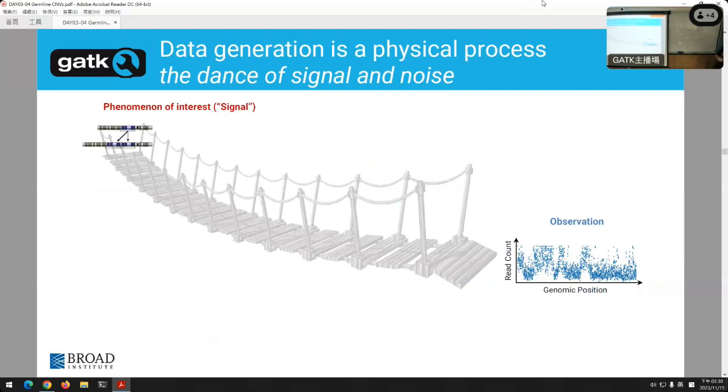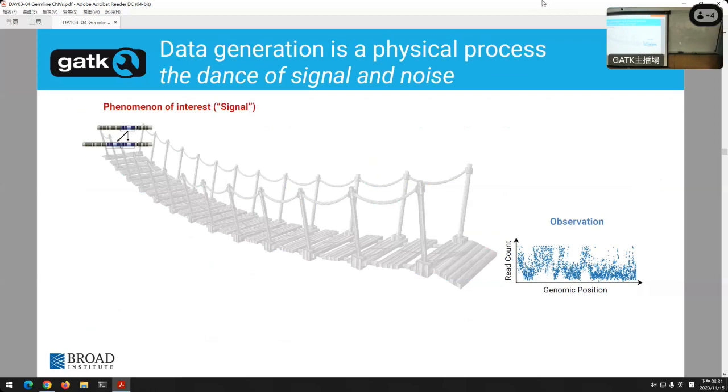Okay, so this is a little bit more metaphorical. The phenomenon that we're interested in, our signal, is these copy number changes in your DNA. So biologically, do you have fewer or more copies than expected of this particular region? But what we can actually observe and measure is the read count across the genome.